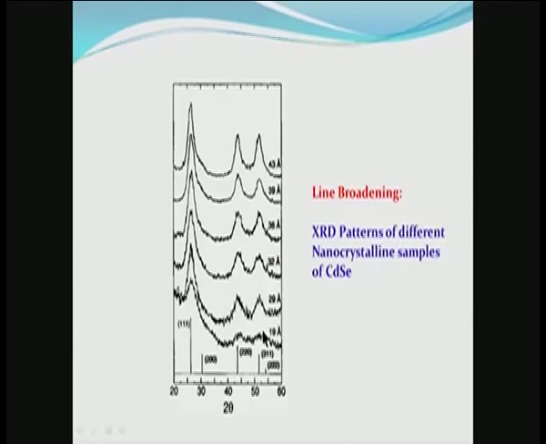At the low end, where the crystal size is only 19 angstroms or about 2 nanometers, you can see that the peaks are very broad. As the crystal size approaches 50 angstroms or 5 nanometers, you can see that these peaks are becoming considerably sharper. So, this is an illustration of the broadening of X-ray diffraction peaks due to crystal size.